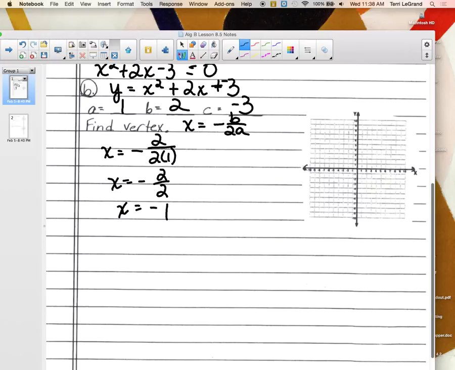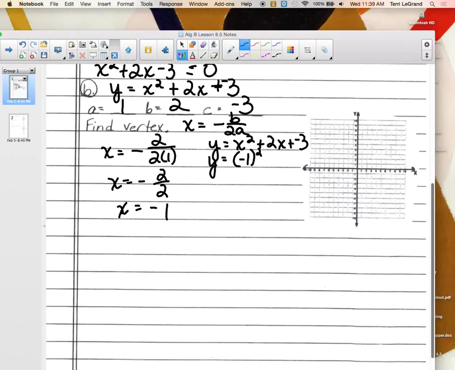Okay. So now we know the x value of our vertex. We need to find the y value. So now we're going to write y equals x squared plus 2x plus -3, and we're going to substitute our x value in for the x's so we can find the y value of our vertex.